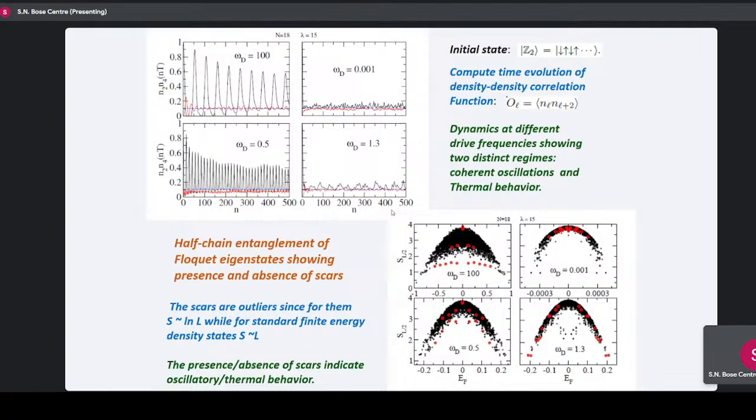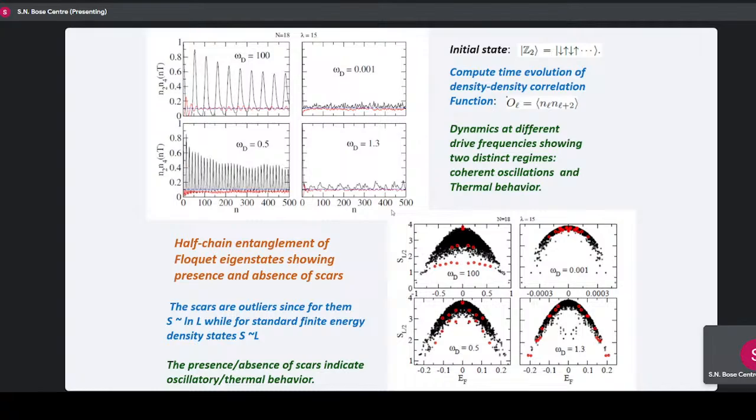However, if you go to small frequencies, you see that everything is in the thermal band and the scars disappear, which is consistent with what we see here. And then there are other frequencies at which the scars either exist out here, a small amount of them, and here they don't.